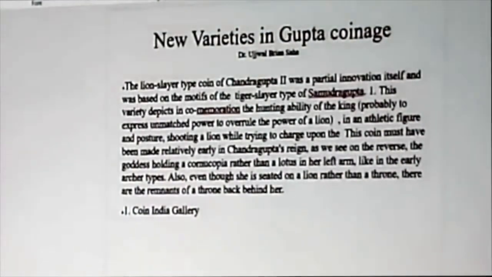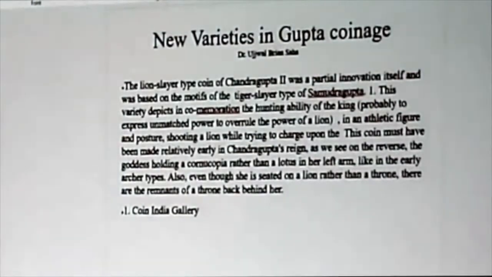Sorry, do I have a pointer, please? Pointer? Yes. Sorry. How do you navigate? Slideshow.